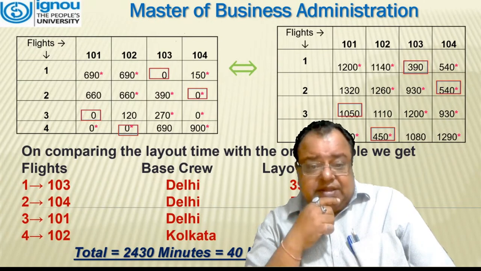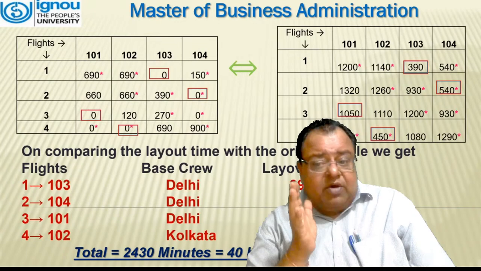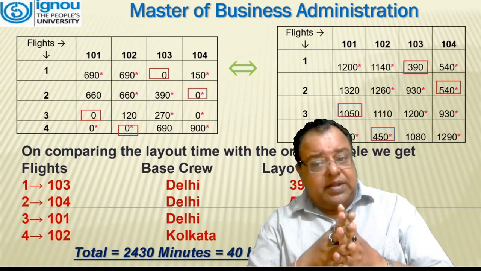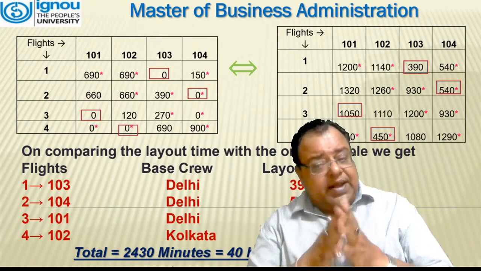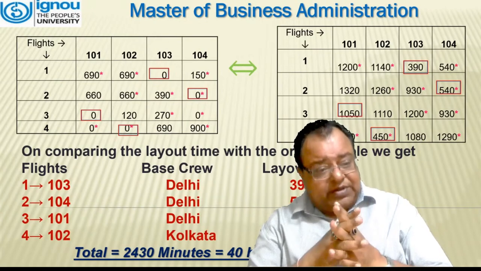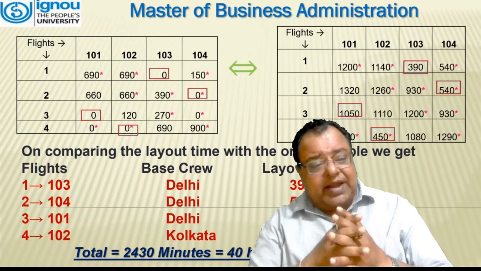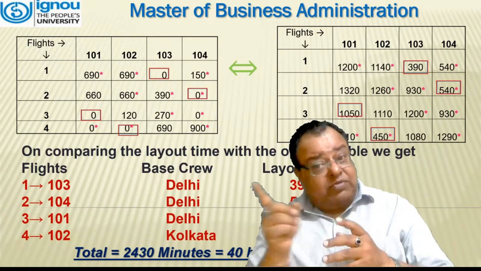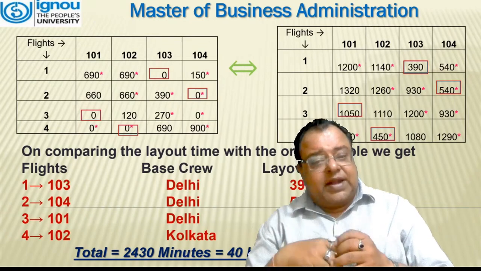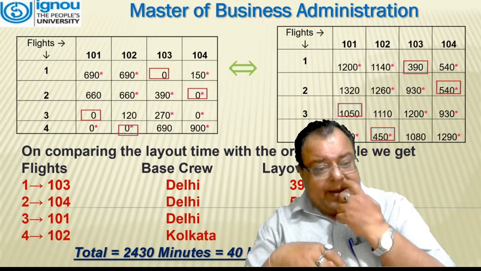Here we can see that each row and each column has been assigned an assignment, which means this is the feasible solution. On comparing the layover time with the original table, we get for flight 1 to 103, that is Delhi based, layover time is 390.